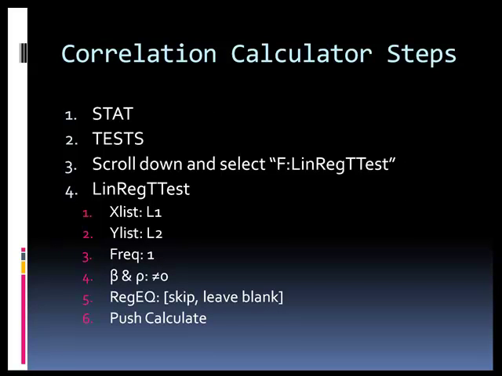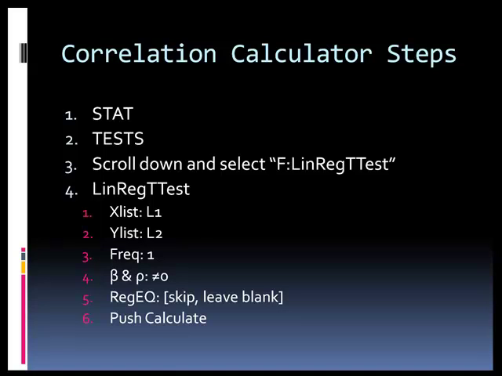Now I'm going to push stat on my keypad, scroll over to test. Sorry, scroll over to test and then scroll down until you get to option F, which reads a linear regression t-test. So I'm going to now push enter.